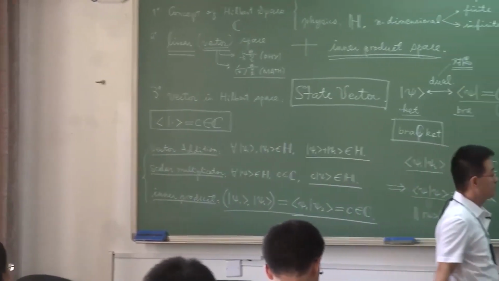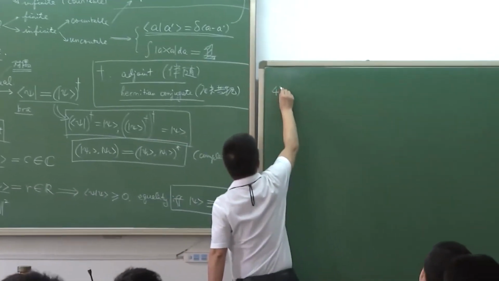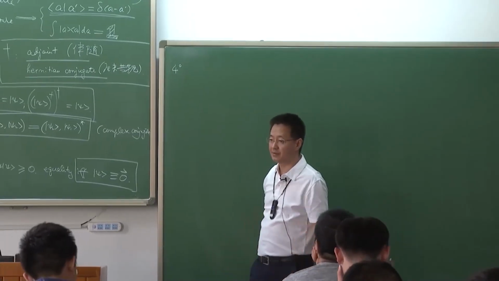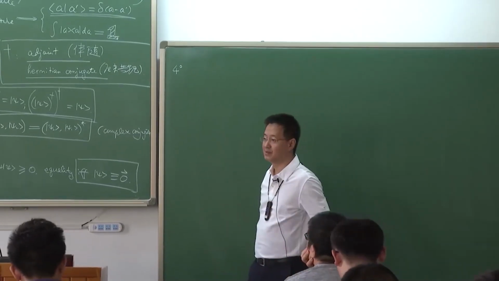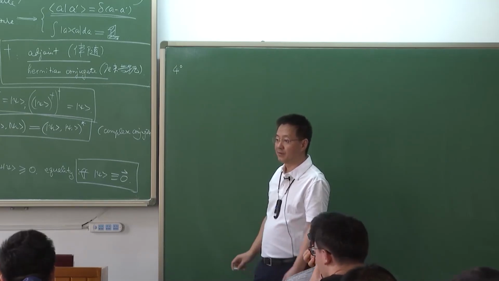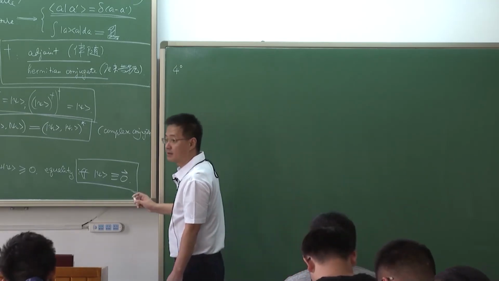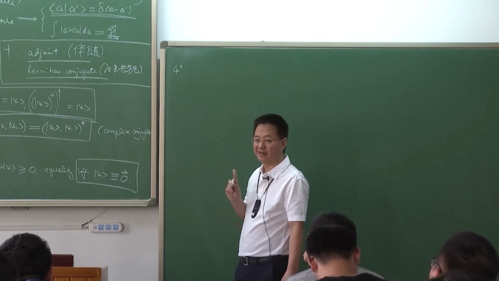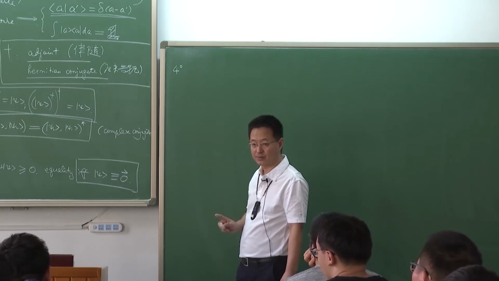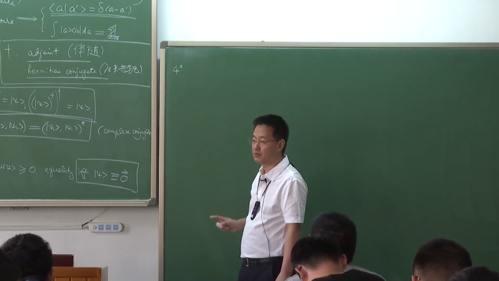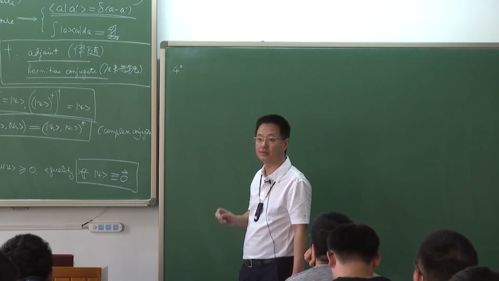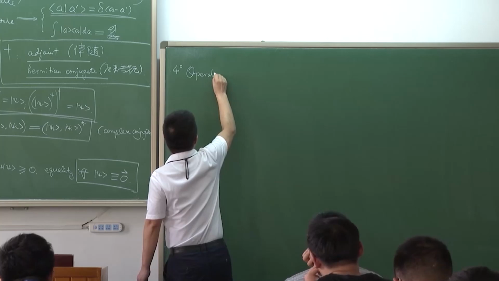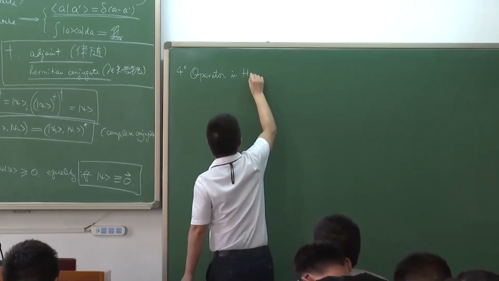So next are the operators. Because we have mentioned that the state is described by a vector in Hilbert space. So we have studied the state. The state is a vector. Another thing is the physical quantity. The physical quantity is described by a linear and Hermitian operator. And that linear Hermitian operator is also called the observable, an operator in Hilbert space.